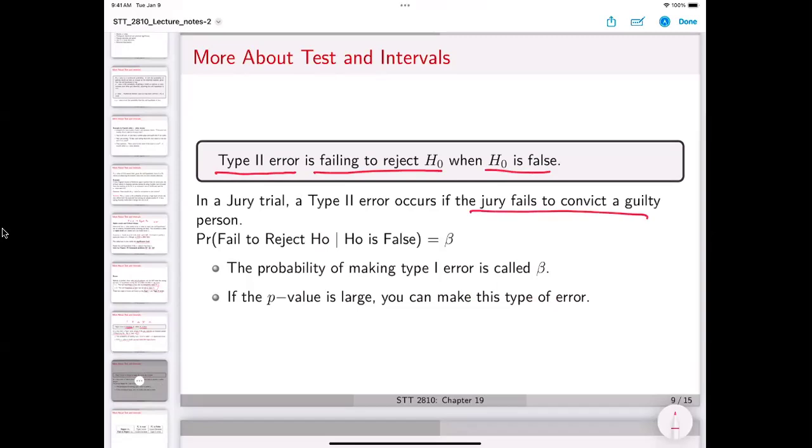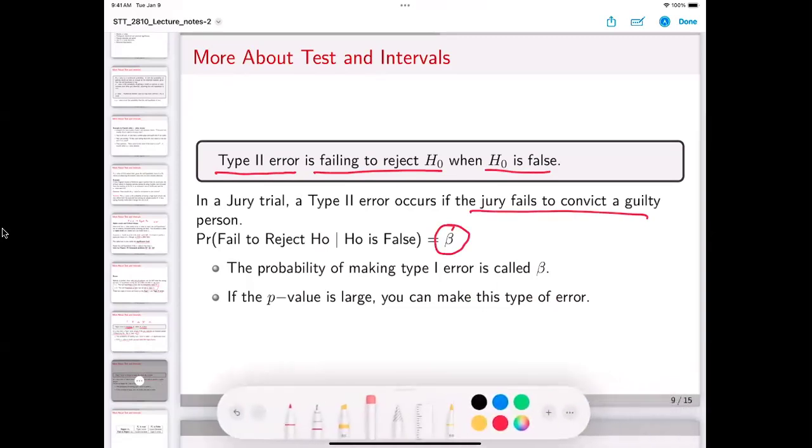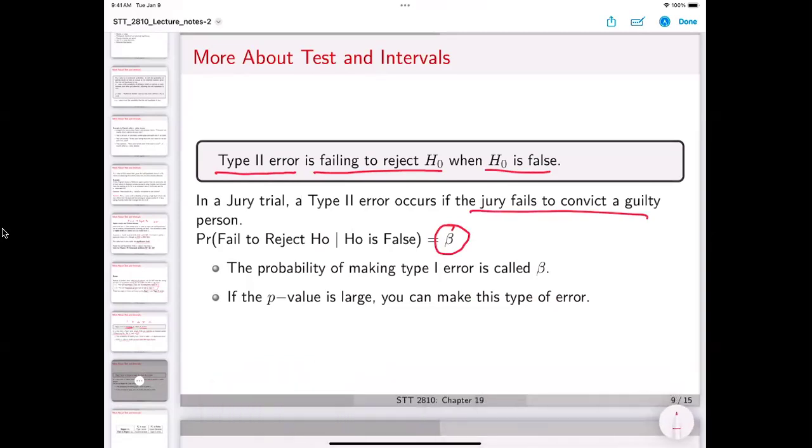Type 2 error is represented by this letter, beta. So when they ask you what is beta, beta is the probability of what? You committing a what? Type 2 error. So you should know what beta stands for. Beta, type 2 error.